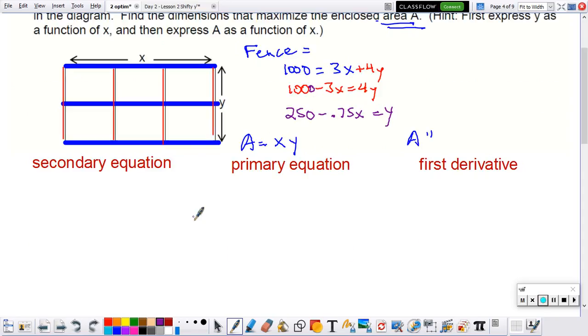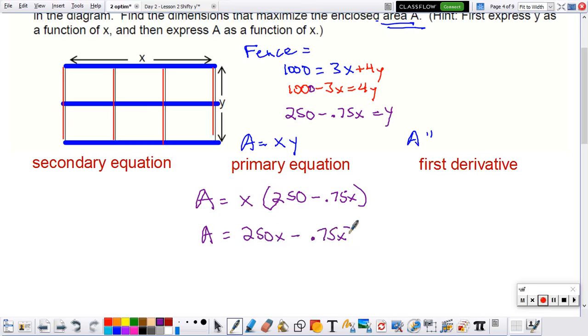We're going to plug that in, and we've got area equals x times 250 minus 0.75x, distribute, and let's take our first derivative.